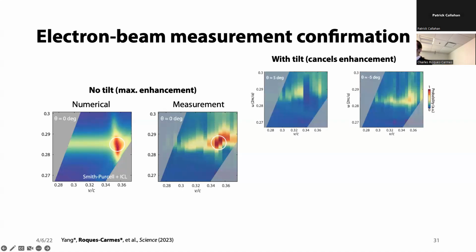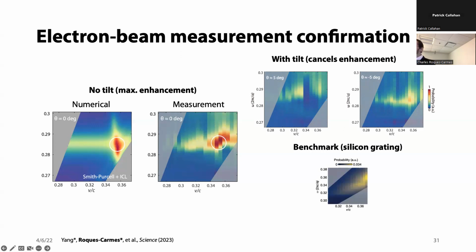So now we're no longer aligned with the flat band. We get a much smaller enhancement. And typically, if we compare the enhancement on and off the flat band, we get a factor of 100. So we get 100 times more light out when we get proper phase matching. And as a benchmark or as a reference, we can compare the amount of light we get from a vanilla silicon grating, just without any special optimization.